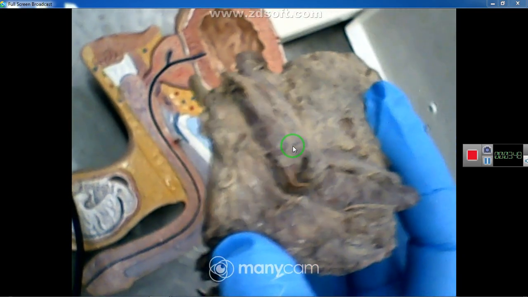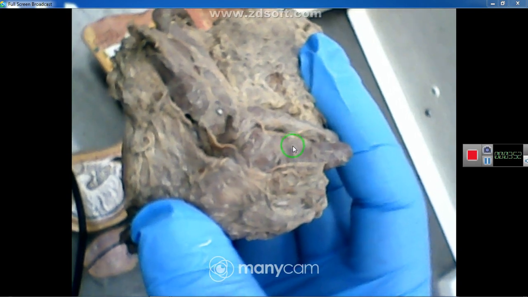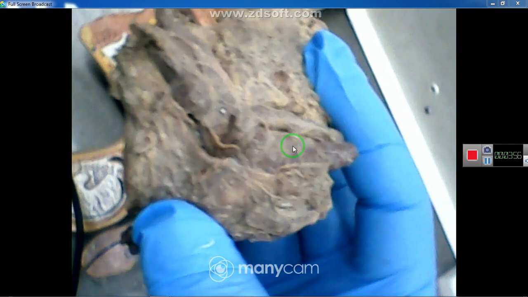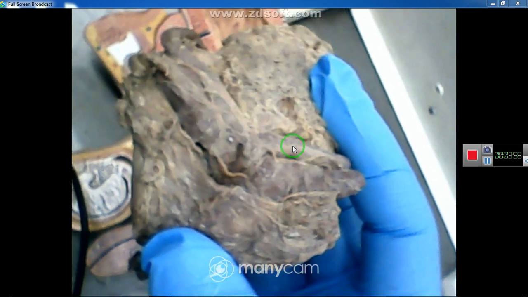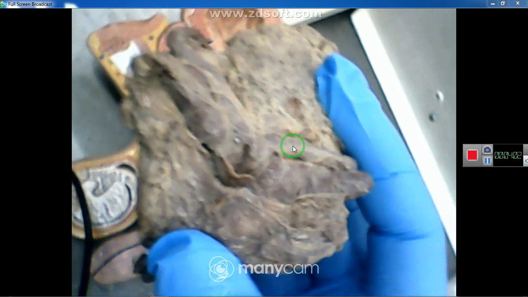The seminal vesicles are lobulated glands related to the male internal genital organs. They add secretion to the seminal fluid, and medial to them, behind the urinary bladder, this structure is the ampulla of vas deferens on that side and that side.